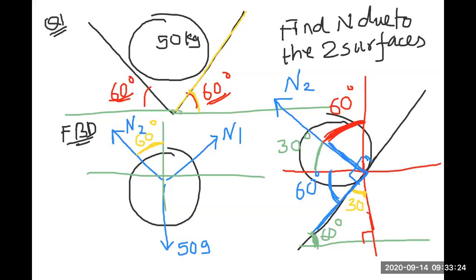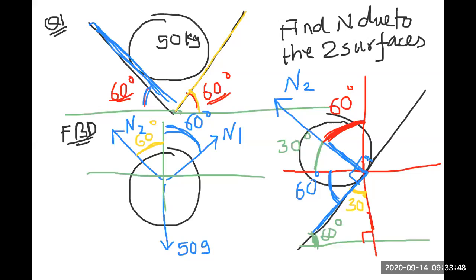Now let's find the angle between this normal reaction and the vertical. So this normal reaction N1 has been provided by this inclined plane, right? And this inclined plane makes an angle of 60 degrees. So this angle must also be 60 degrees, right?